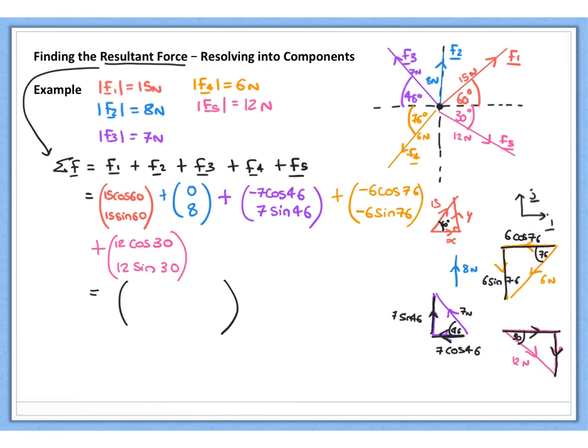So I can then create an overall vector for the resultant force by adding together the individual i components and then the individual j components. Make sure your calculator is in degrees. So we need to do 15 cos 60 plus 0 plus negative 7 cos 46 plus negative 6 cos 76 plus 12 cos 30. And I'm going to get a decimal value, 11.5781... I'm going to store that in a calculator memory.